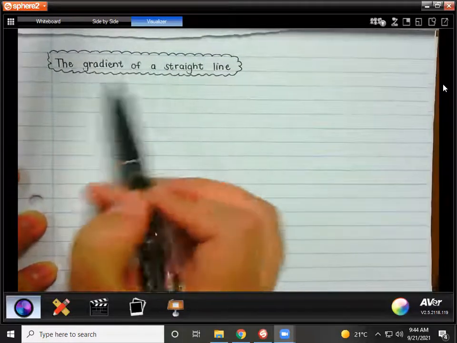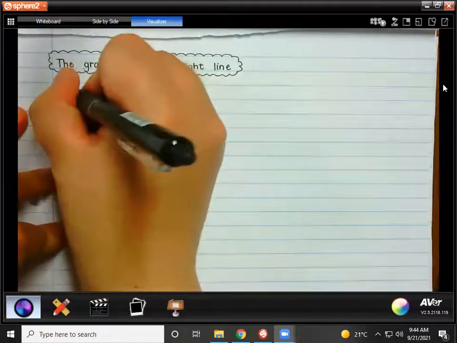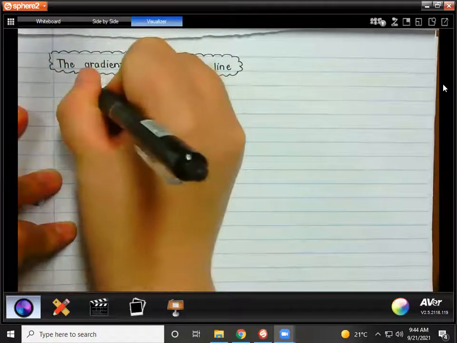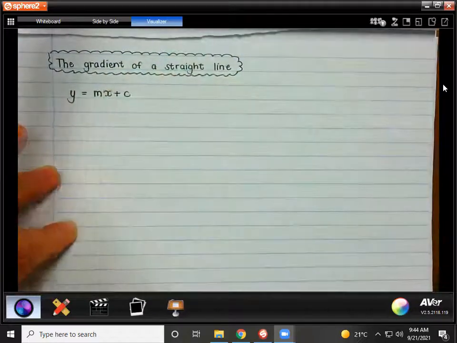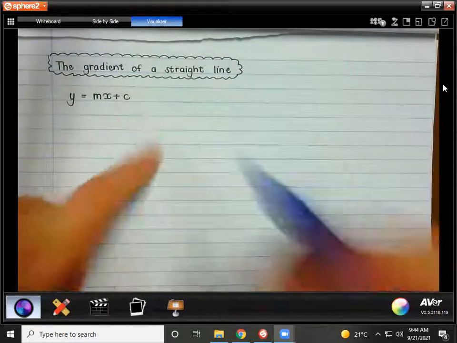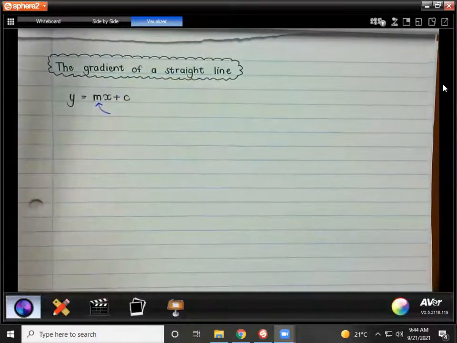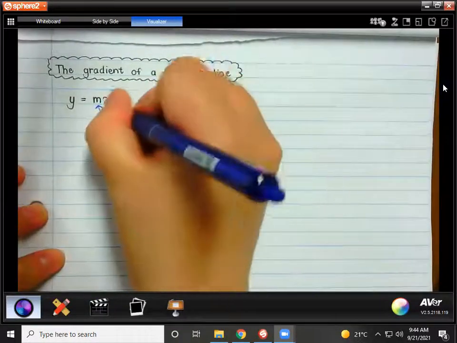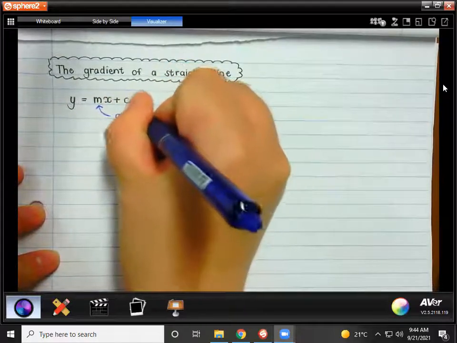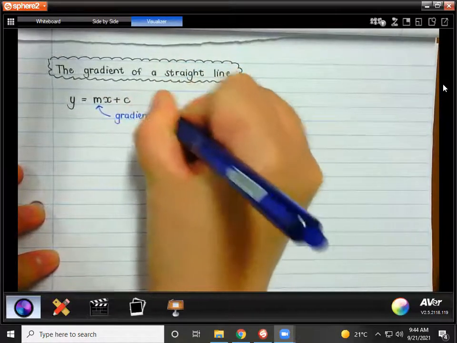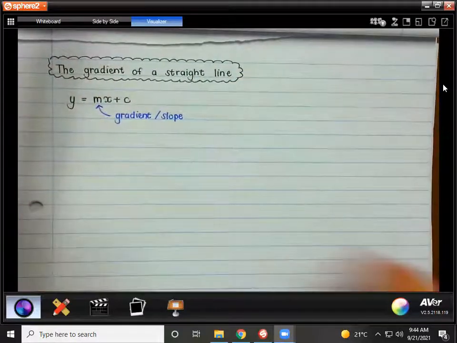Okay, now I've mentioned the word gradient here before, but we haven't actually discussed it at all. Just a reminder, if our standard form is y equals mx plus c, remember c is the y-intercept, but m, the number in front of the x, the coefficient of x, is your gradient. Another word for gradient, it's not the official term, but it means the same thing as the slope.